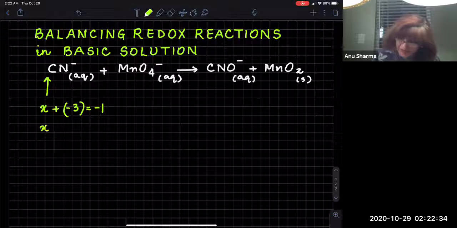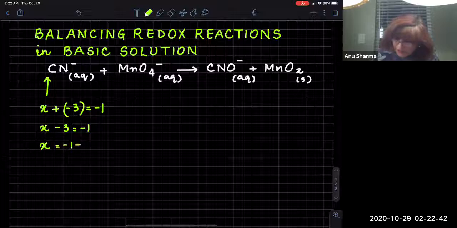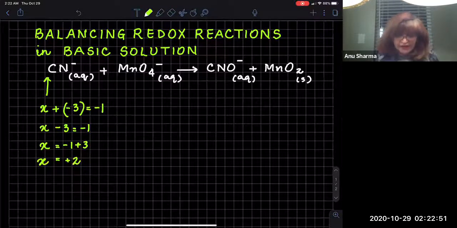So X - 3 is equal to -1, and X is equal to -1 plus 3, and that is +2. Okay, so that is the oxidation number of carbon in cyanide.